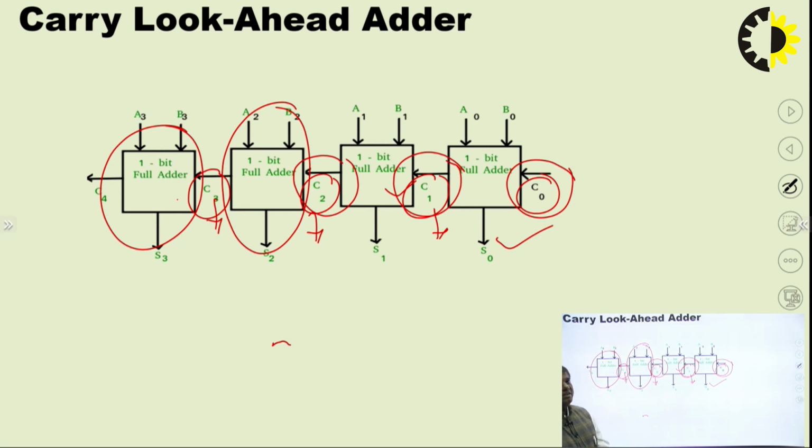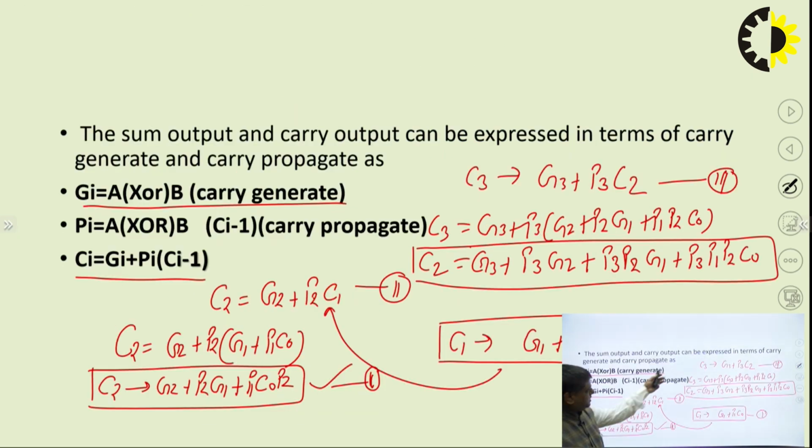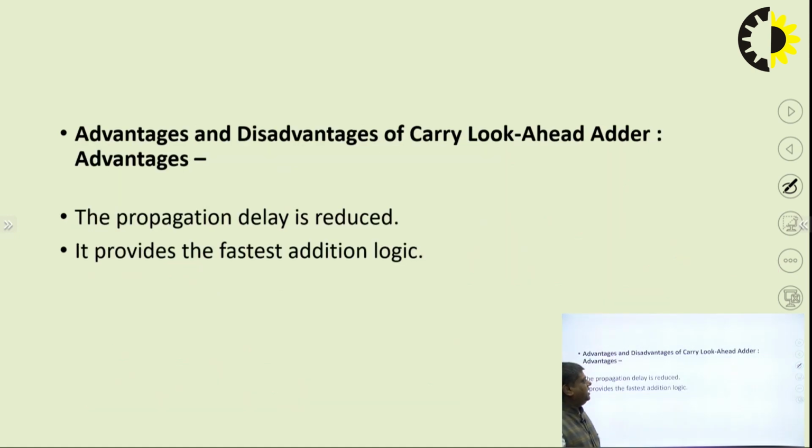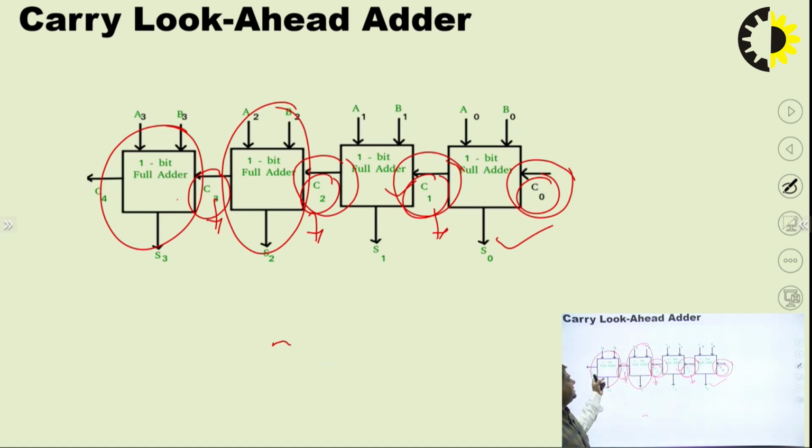That is the main concept. This is the main objective of this circuit diagram, to remove all the propagation delay by calculating the advanced carries, that is C3, C2, C1 and C0. So, with the help of equation 1, equation 2 and equation 3, we calculate these 3 carries in advance, and we implement them in this circuit diagram.